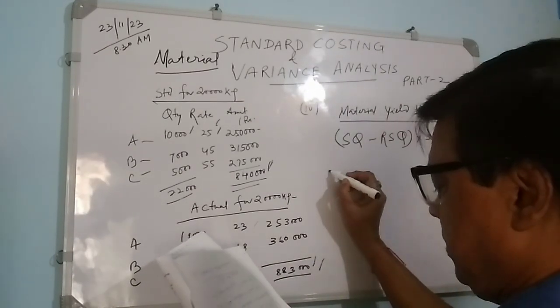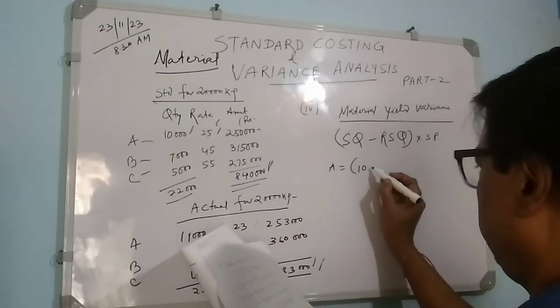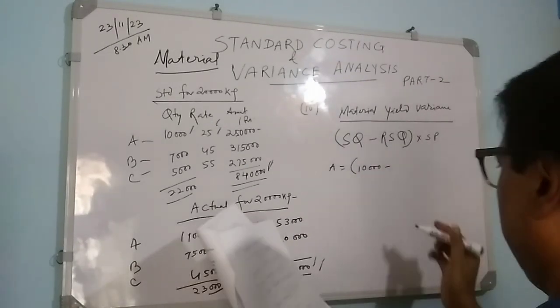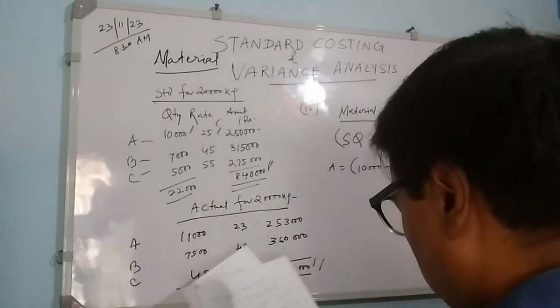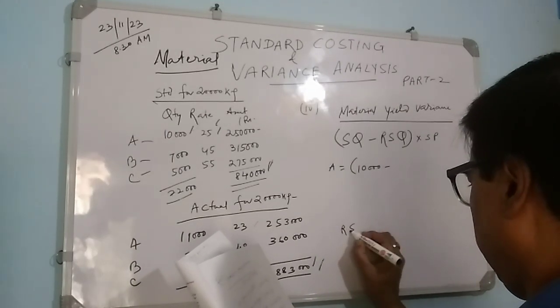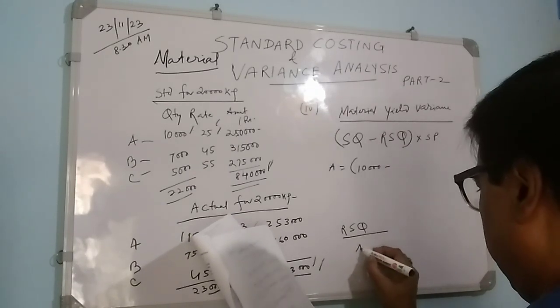This is the formula. Then for the A component, it will be 10,000 minus, here first of all we have to find the revised standard quantity, component wise.